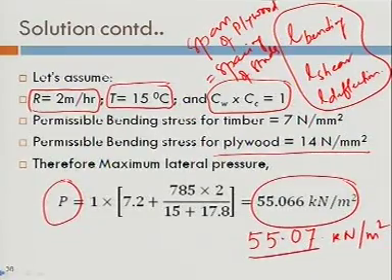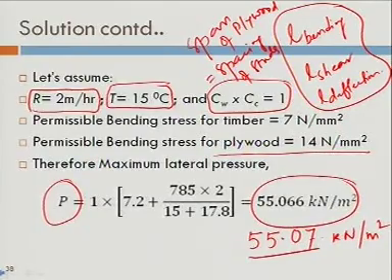I will not show you the answer. I will just give you the formula and rest you have to calculate. M is equal to WL square by 8 and the maximum bending moment permissible is 0.2.